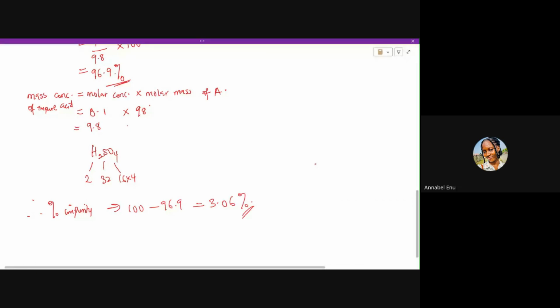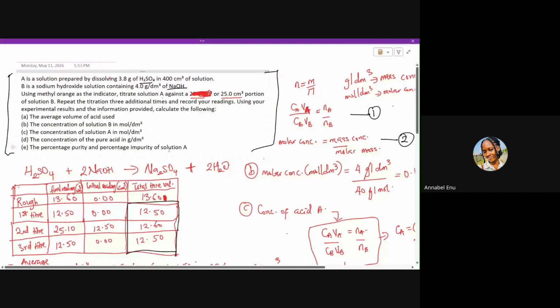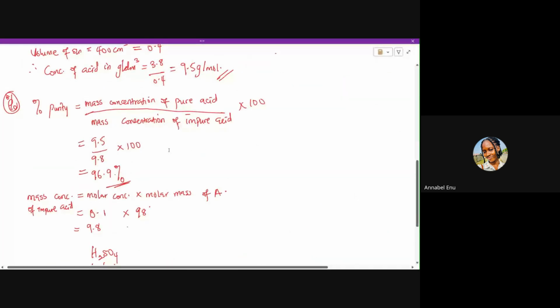Now, why do you subtract? Because we were asked to calculate the percentage purity and percentage impurity. So the calculation that we did here was based on the formula for percentage purity. Are you seeing it? Percentage purity is mass concentration of pure acid over mass concentration of impure acid times 100. So this answer of 96.9 that we got is for percentage purity, just purity.